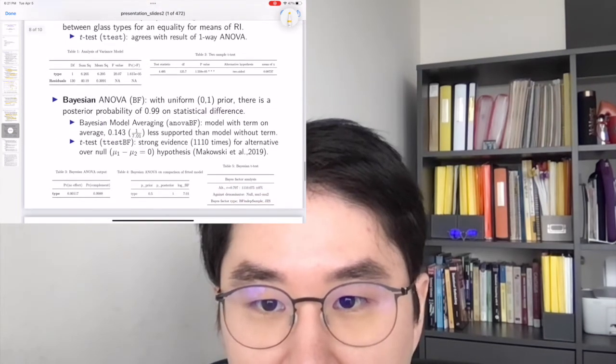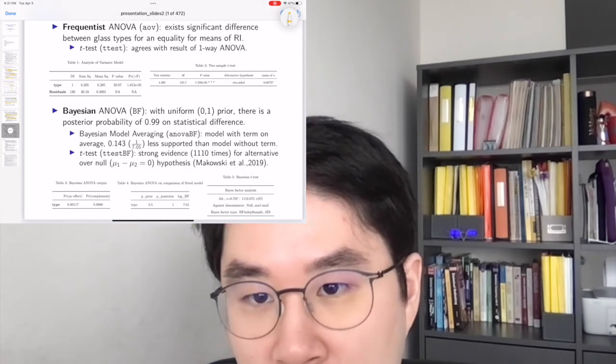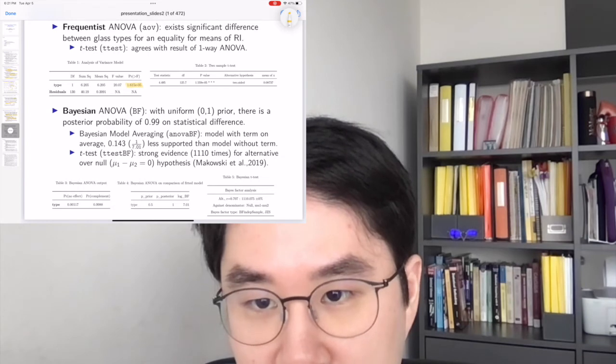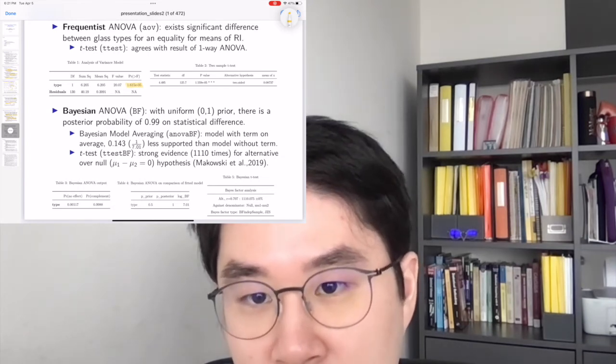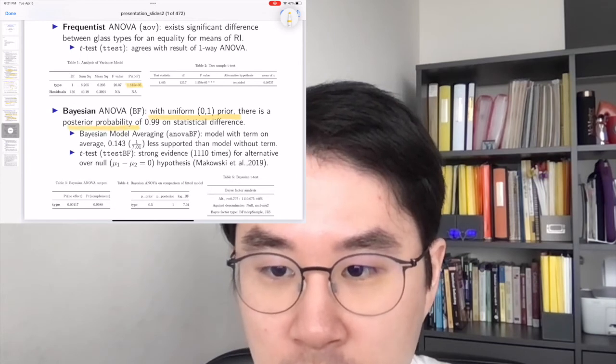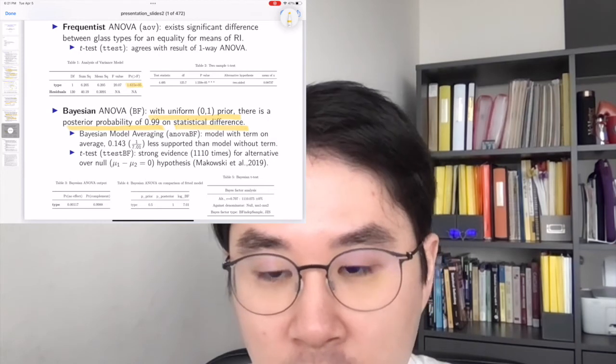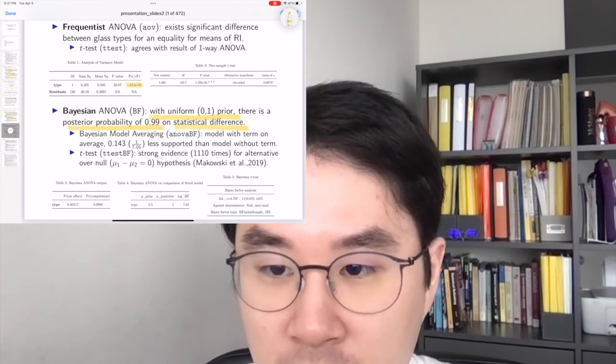The result of the frequentist ANOVA shows that the p-value is smaller than 0.05. That shows that there exists a significant difference between class types. Bayesian ANOVA uses the anovaBF function. This uses the uniform prior, and it shows a posterior probability of 0.99 of a statistical difference.